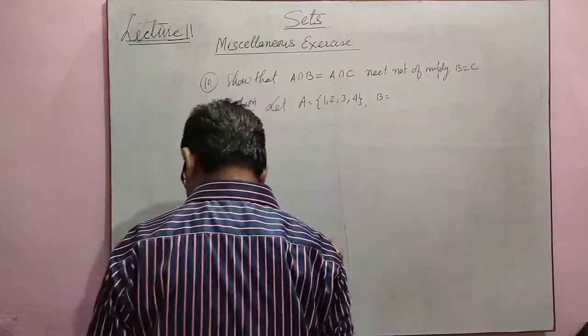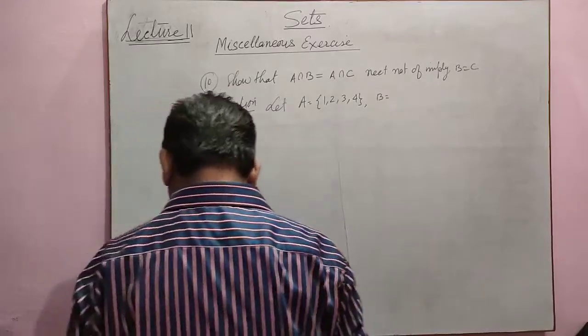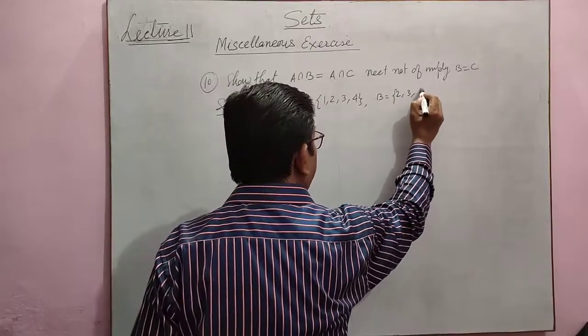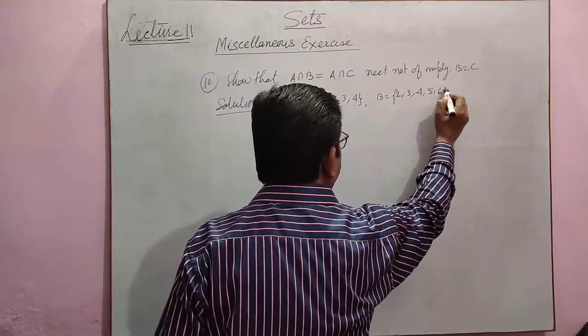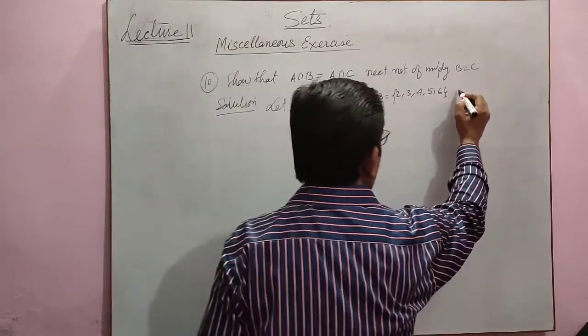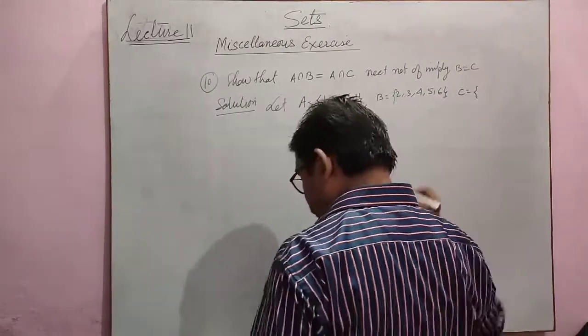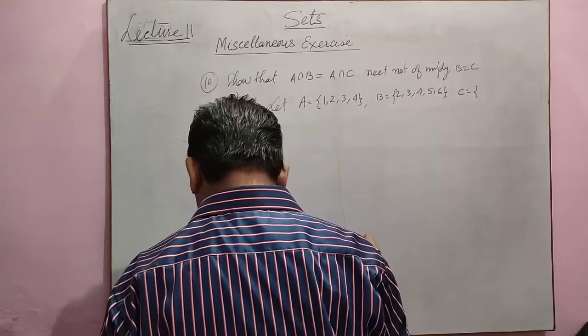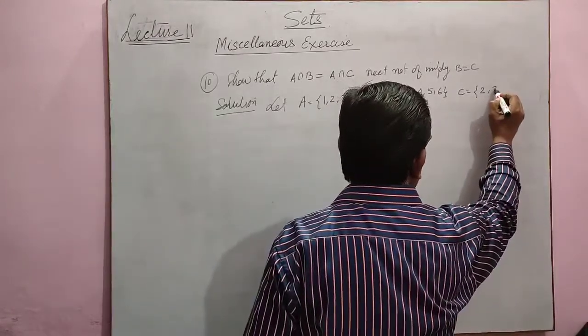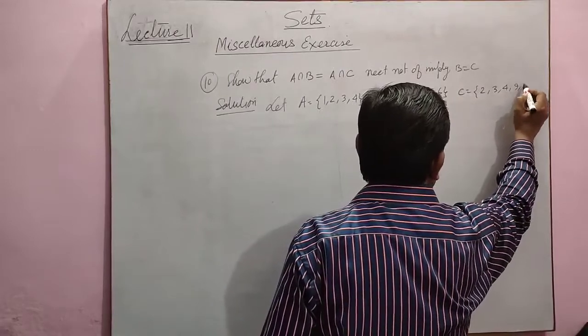Set B, I am taking 2 3 4 5 6. You may take some other examples also. Now I am taking C. C is 2 3 4 9 10.